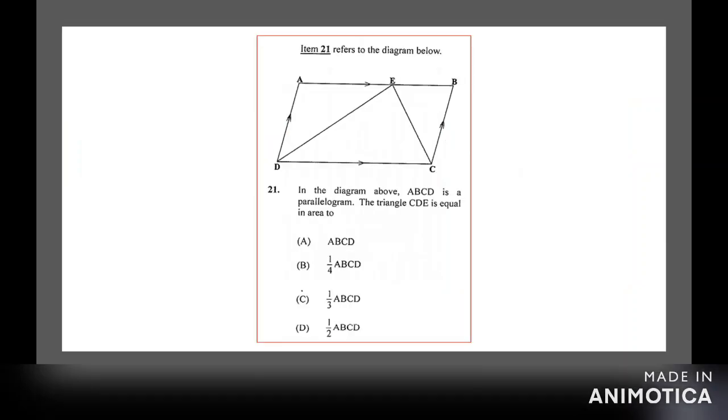Number 21, in the diagram above, ABCD is a parallelogram. The triangle CDE, as you can see in the middle, is equal in area to half of ABCD.